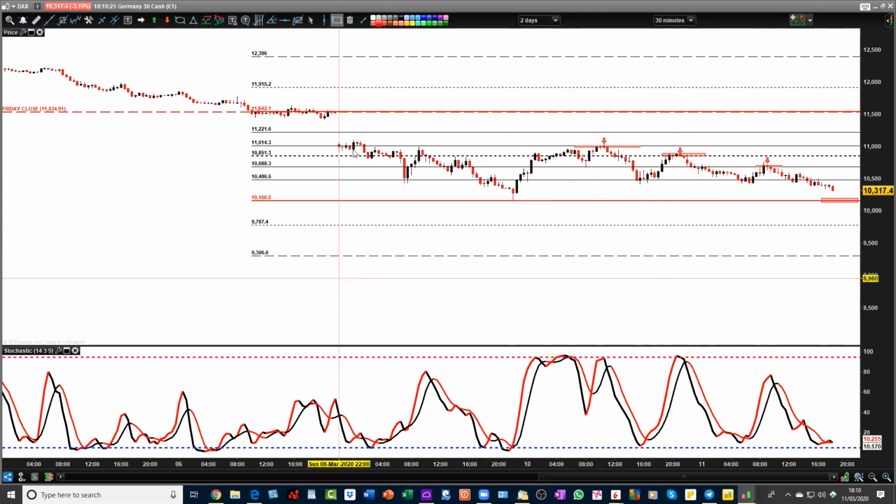Okay, if we're going to step down, the next level I would watch tomorrow is any recovery to 10.5. Tomorrow is a potential short for at least a move down to 160, and who knows, maybe even 10,000.